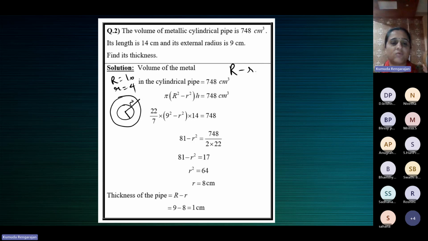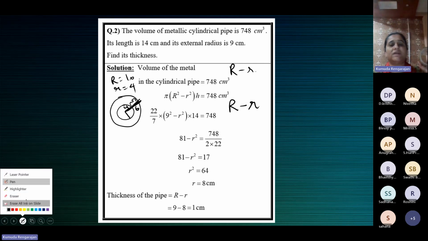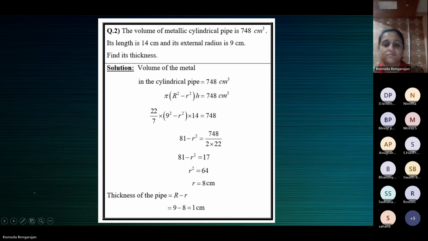What will be the thickness? From here to here it is 10, and from here to here it is 4, so the thickness is 6. So thickness is nothing but capital R minus small r. Outer radius minus inner radius is the thickness.